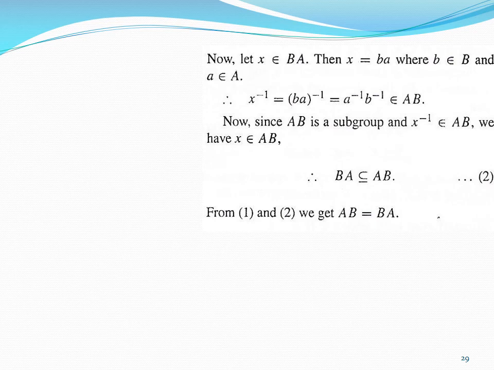Now AB is a subgroup and x inverse belongs to AB. We have x belongs to AB. Therefore, we took x in BA and arrived at x in AB. So BA is contained in AB. So we get what? AB equal to BA.